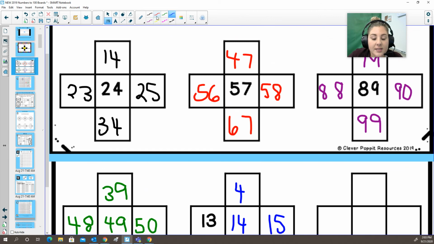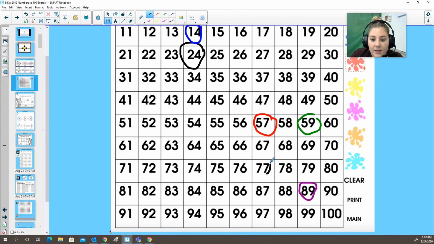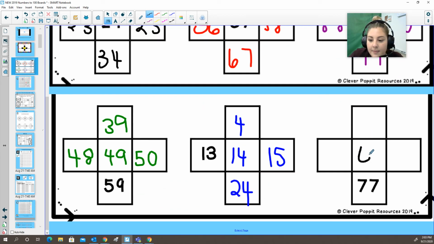Okay, let's do one last one and then it's your turn to practice. All right. Let's use black. All right. 77. So I'm going to find 77 on my chart and I'm going to find the one right above it. Our number is 67. Good job. Okay.